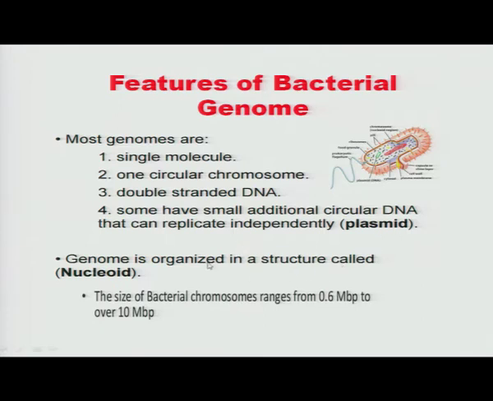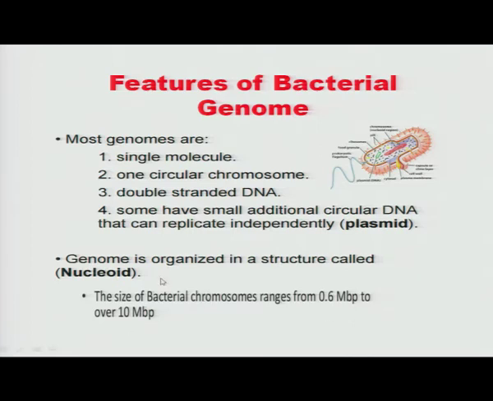The bacterial DNA is organized in a structure which is called the nucleoid, and the size of the bacterial chromosome ranges from 0.6 million base pairs to over 10 million base pairs.